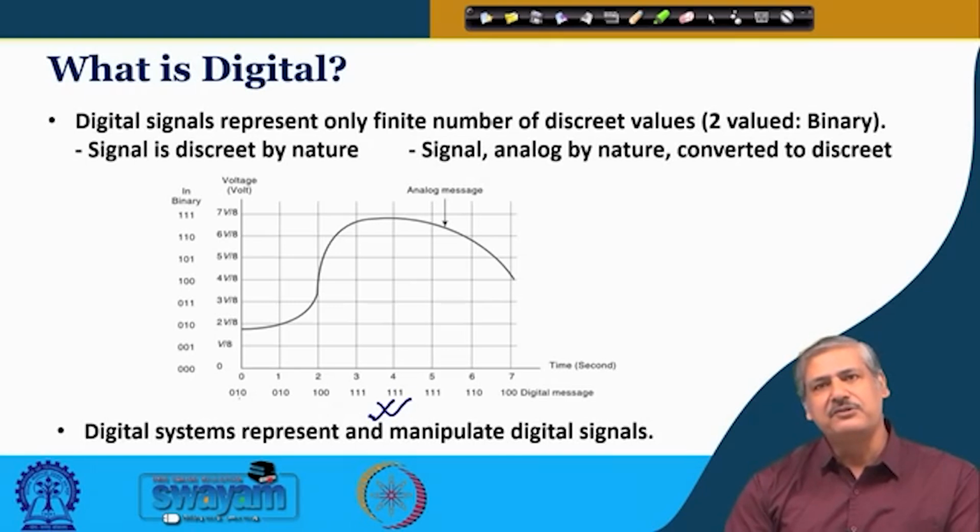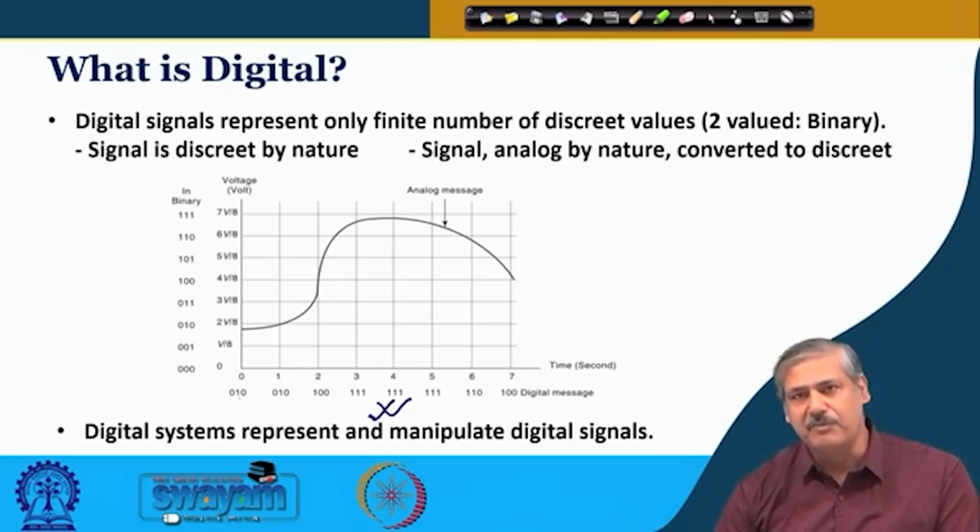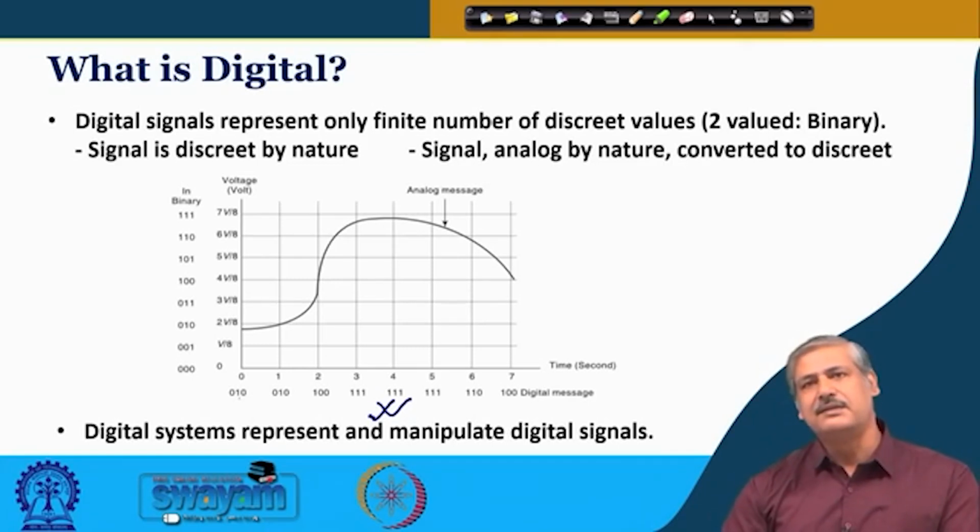So, that only offers you a finite number of sets, a finite number of representations. That is why we are saying that it is finite, and it has to be discrete. That is one important part of it: these are discrete values. In this particular context, when we discuss digital technology, these discrete values present themselves by a two-valued representation, which is binary.